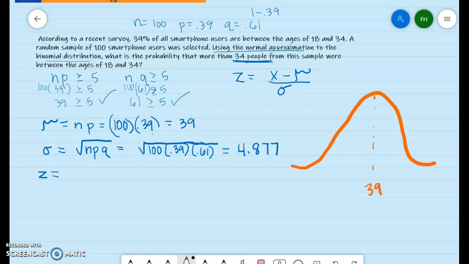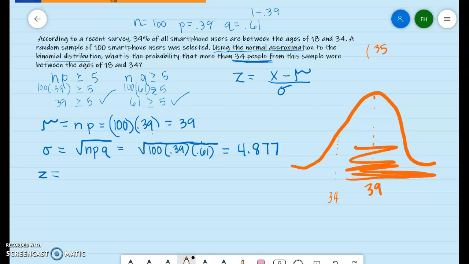And we know that we want more than 34 people, okay? So if we want more than 34 people, we don't want to include 34. And you only have to do this for this type of problem. So more than 34 would be 35. So I'm going to draw 34, but really ours is going to start at 35, and we're going to be more than.